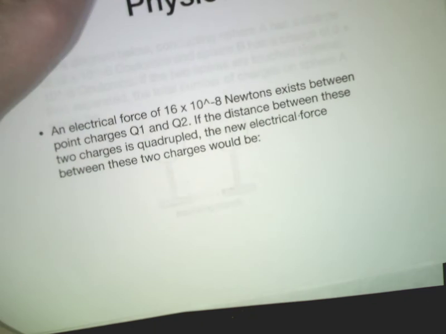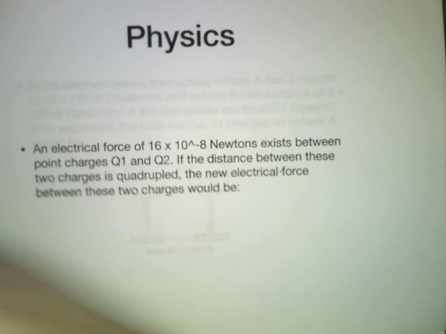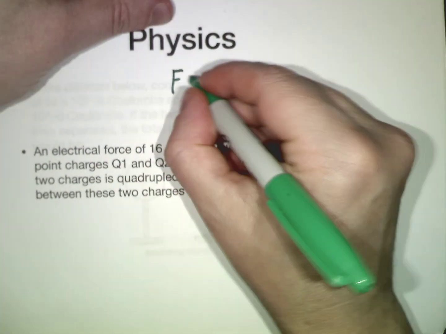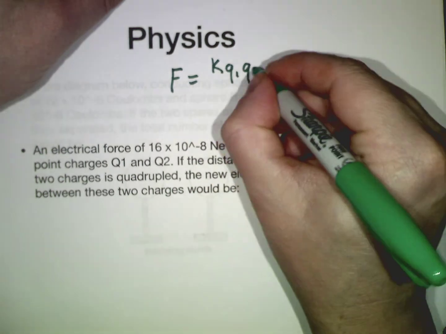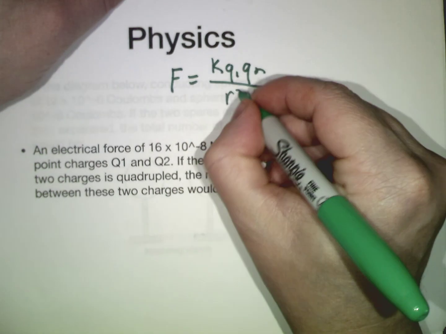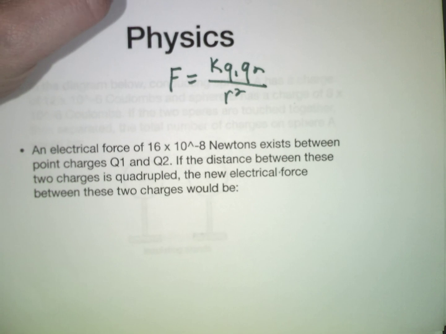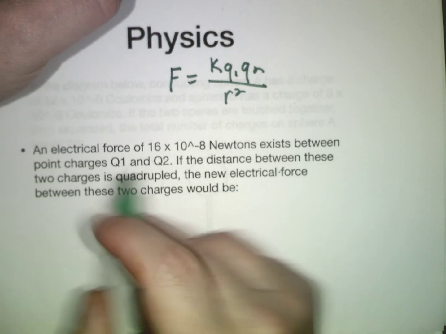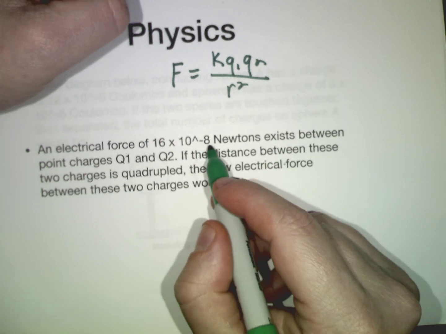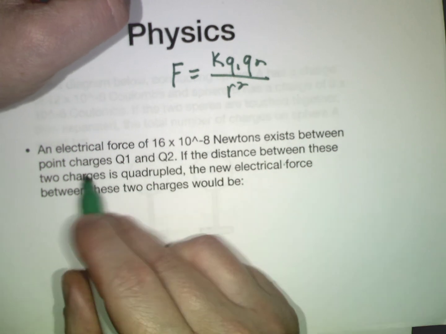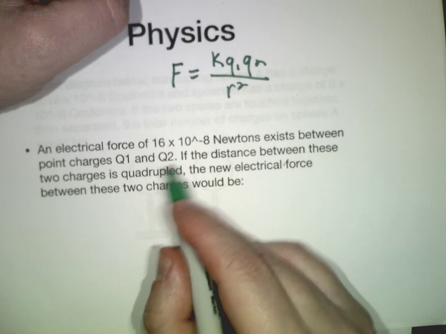Okay. This is back to this one here. The big daddy problem. But it's not as bad. You don't have to figure it out. Okay. It says an electrical force of 16 times 10 to the negative 8 newtons exists between the point charges Q1 and Q2.